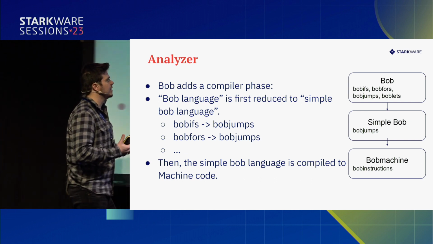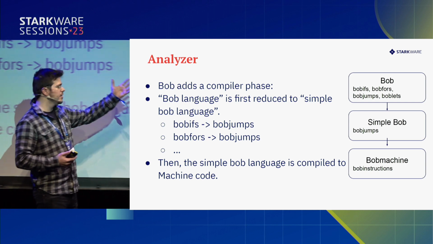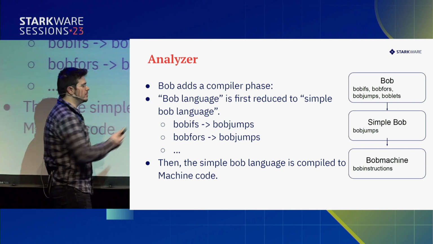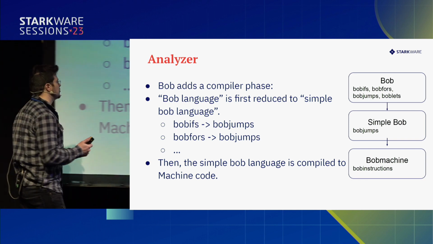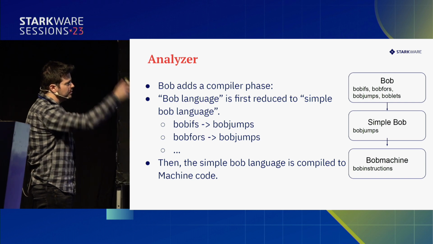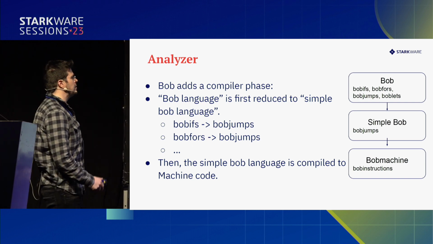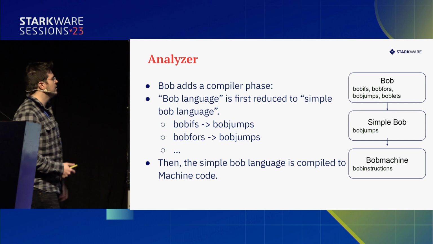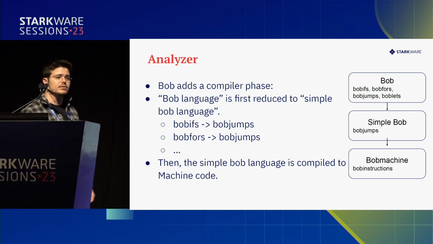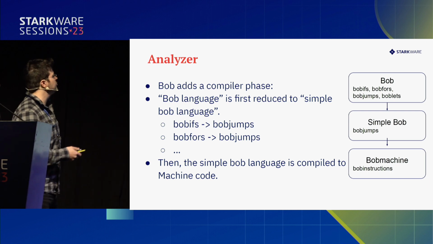And after this transformation to simple Bob, only then simple Bob gets translated to the Bob machine code with Bob instructions. So instead of going straight from the Bob language to Bob machine code, it goes to the simple Bob language in the middle. The benefit he gets from it is that his analyzer only needs to go through the simple Bob language.